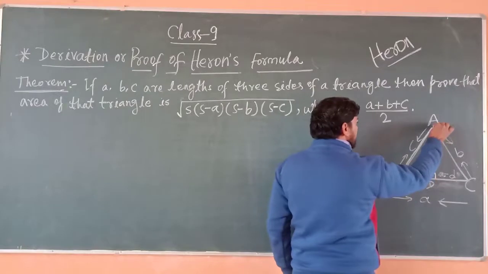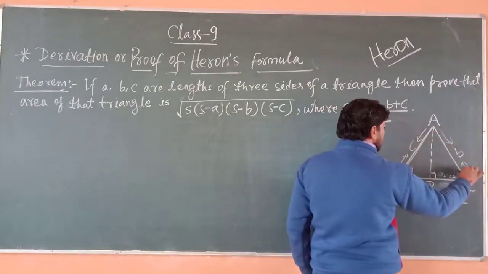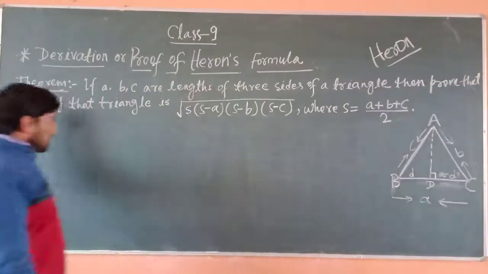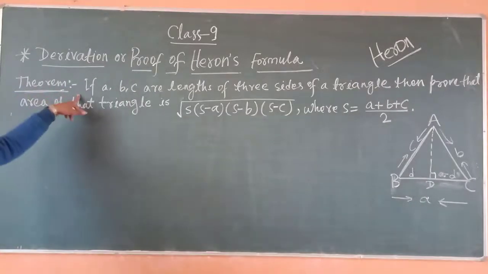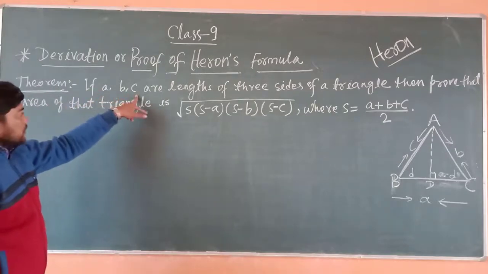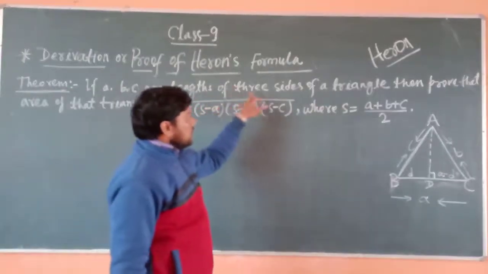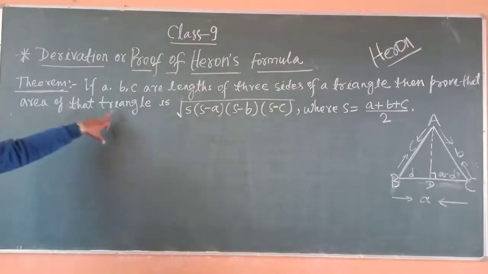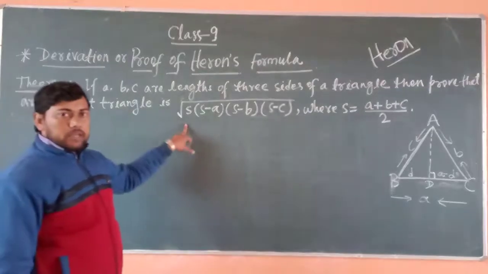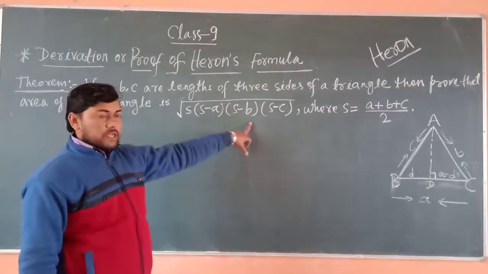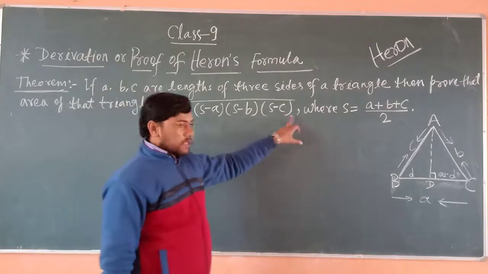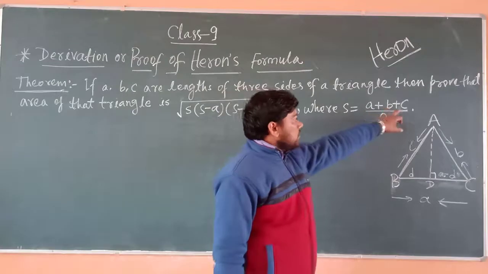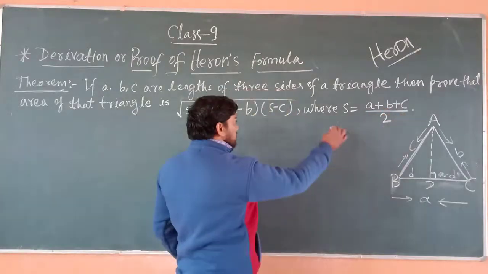If height is impossible to find, then what will be the area of a triangle? The statement is, if A, B and C are lengths of three sides of a triangle, then prove that the area of that triangle is under root S into S minus A into S minus B into S minus C, where S is equal to A plus B plus C by 2.